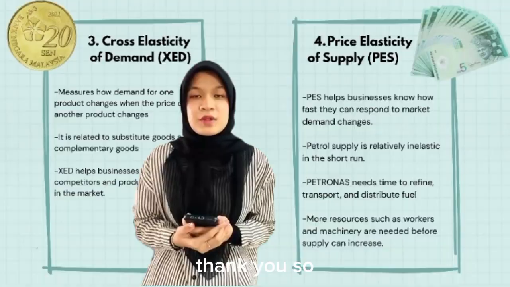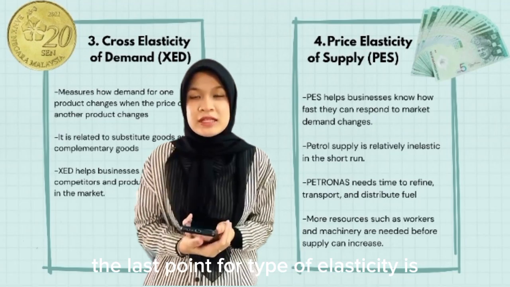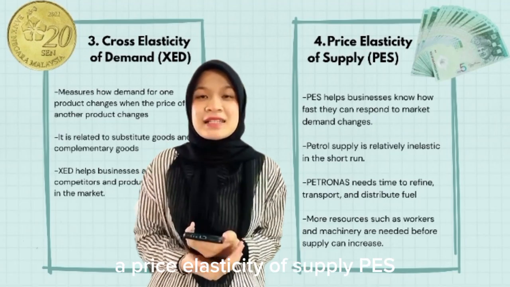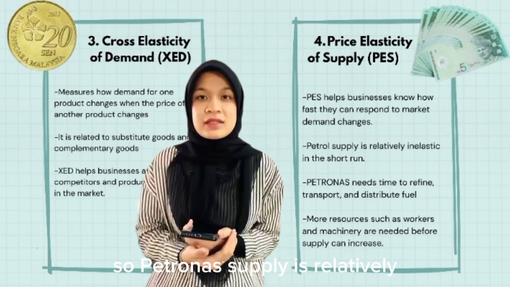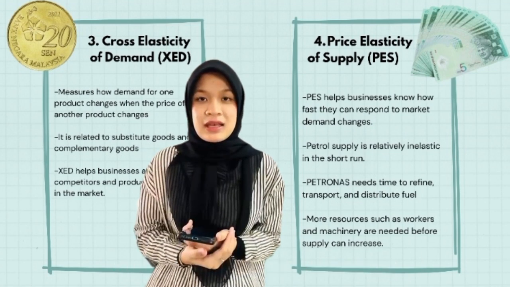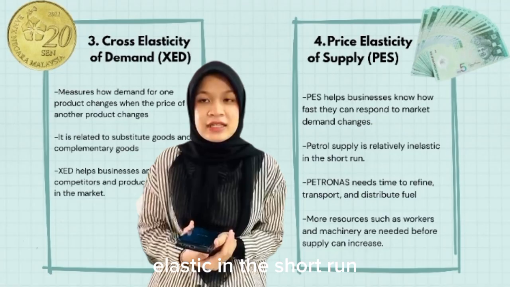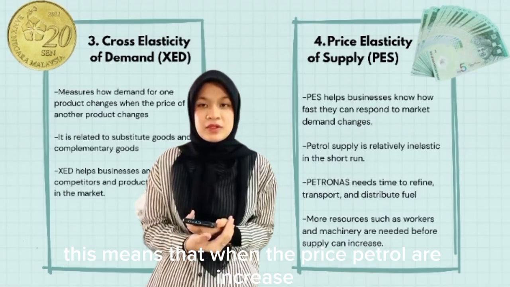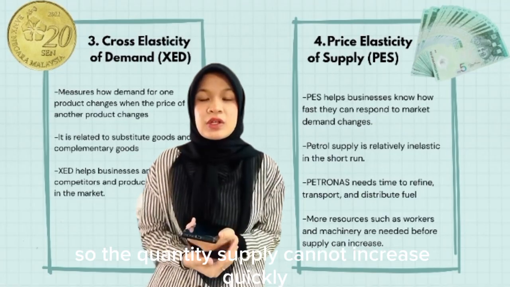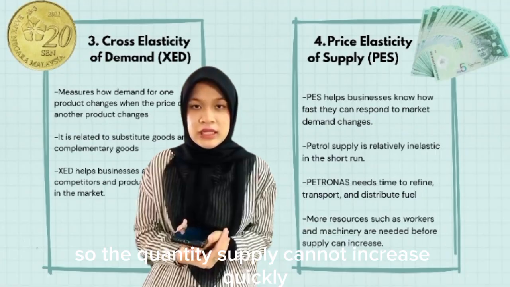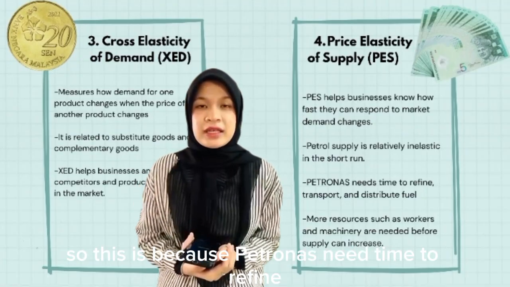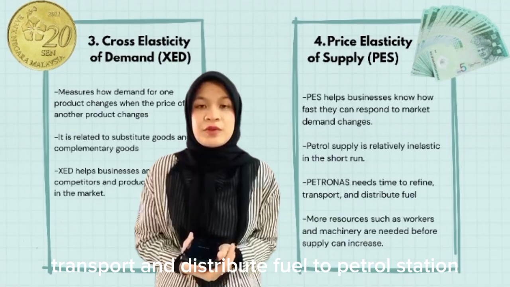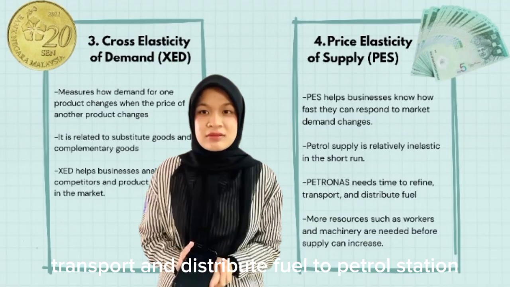Thank you. The last point for types of elasticity is price elasticity of supply, PES. Petronas supply is relatively inelastic in the short run. This means that when the petrol price increases, the quantity supplied cannot increase quickly, because Petronas needs time to refine, transport and distribute fuel to petrol stations.